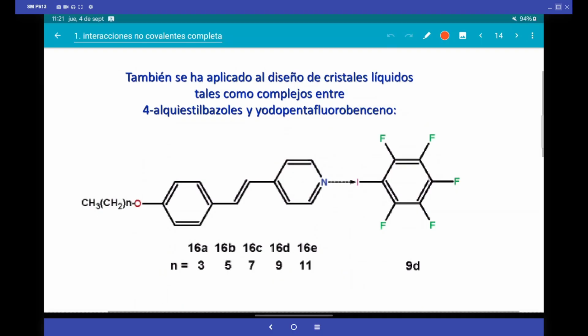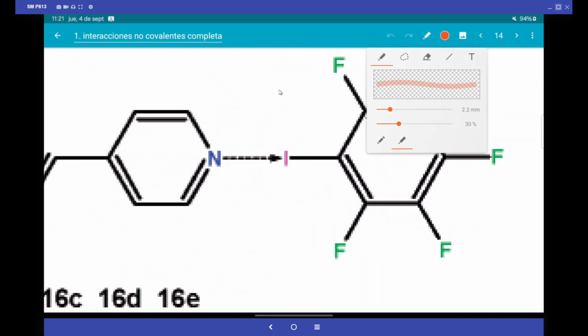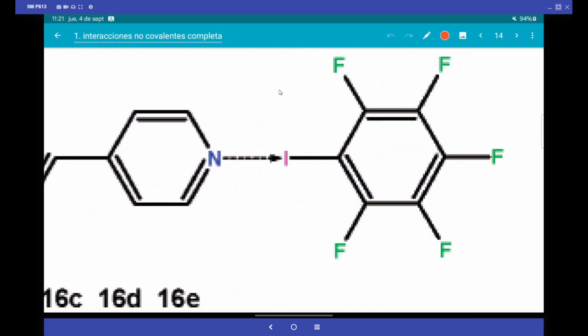What is the name of this heterocycle? Exactly, pyridine.